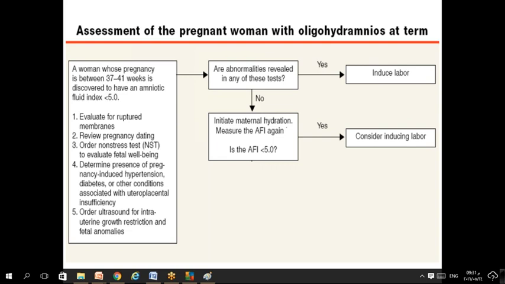Also, there is no guideline, but according to the amount of liquor and the case, if it's just 4 centimeters, and her fetal kicks are okay, and the patient is aware of her fetal kicks, and she is, for example, 37 weeks, you can give her 1 week, no problem. But if she is 41 weeks, for example, I think it's better to induce her. So the gestational age also can make a difference.